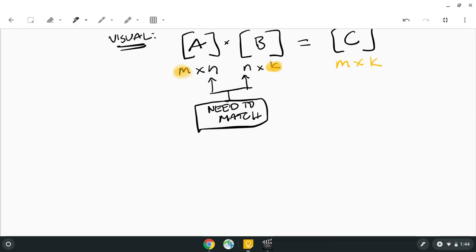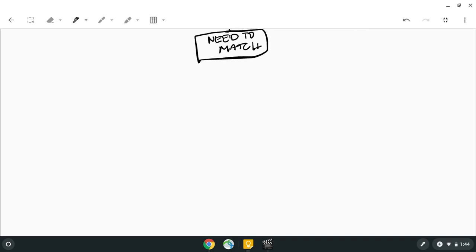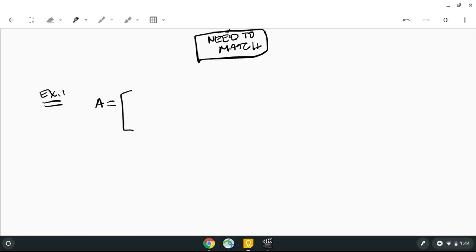Okay, so let's take a look. Now for the tricky part. Suppose that matrix A is 1, 3, negative 1, 0.